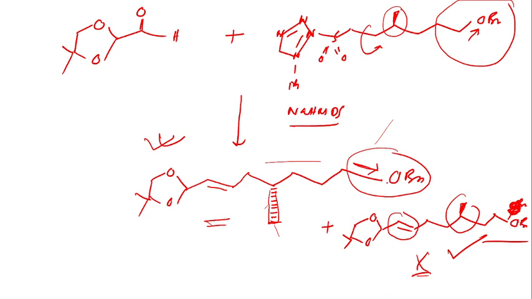So if this OBN was in this direction, then this group has to be here in the upside. They have made it downside here and OBN downside. That's why this is a very interesting error catching point for the stereochemistry.